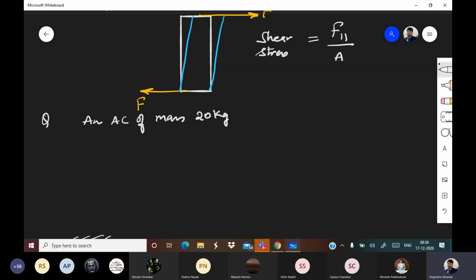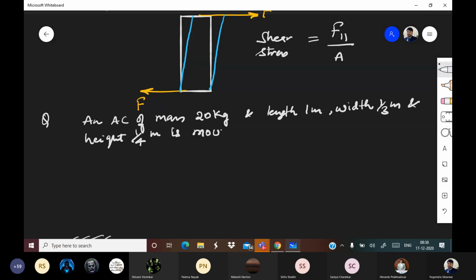An AC of mass 20 kg and length 1 meter, width 1 by 3 meter, and height 1 by 4 meter is mounted on a wall.